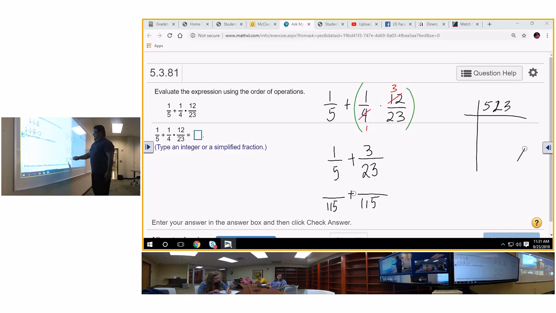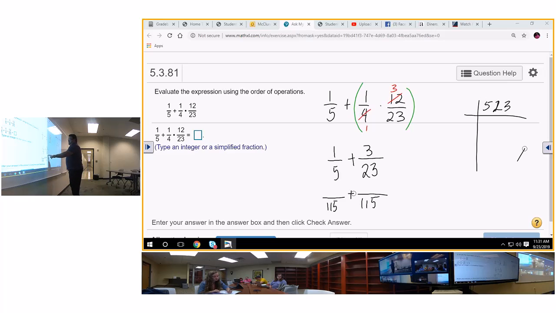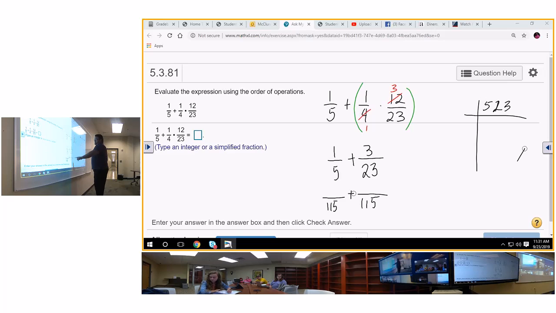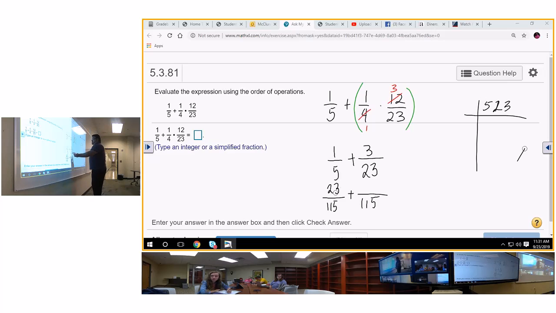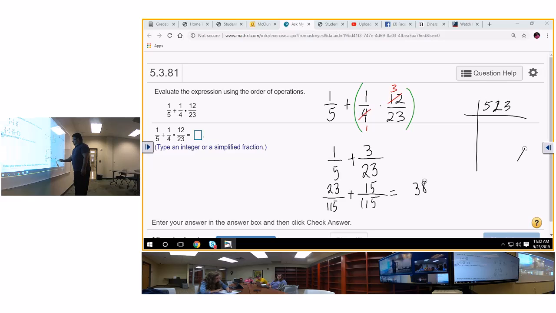How many times will 5 go into 115? 23 times. 23 times 1 is 23. How many times will 23 go into 115? 5 times. 5 times 3 is 15. 23 plus 15 is what? 38 over 115.